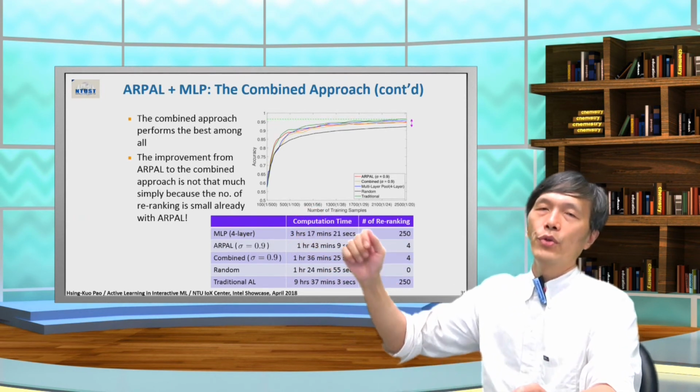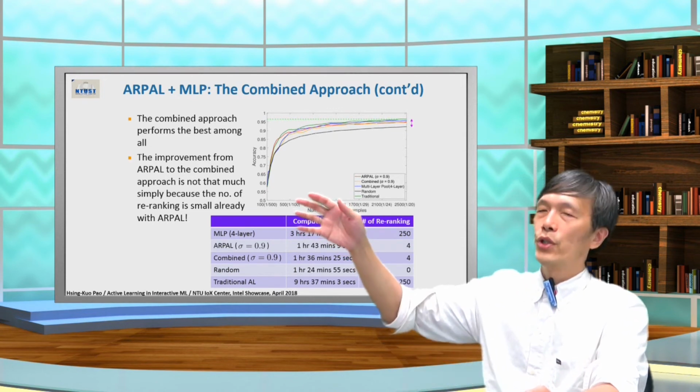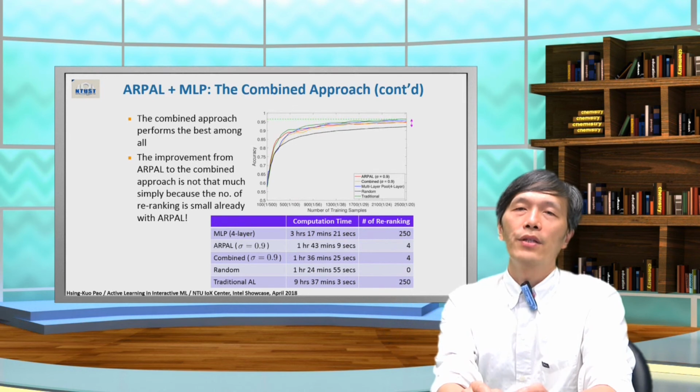If we use the two strategies, either the MLP, the multi-layer pooling, or the anti-re-rank strategy, both can reduce the time to either 1/3 or maybe less than 1/4 of the original result.